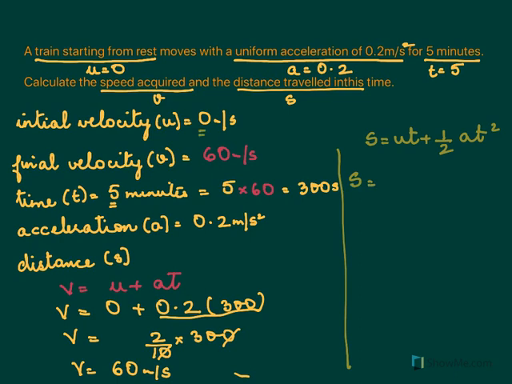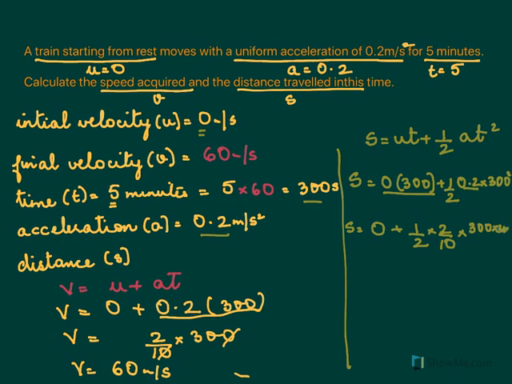So we have s, we know our u is 0, and the time was 300, plus half. a was 0.2 and t was 300, so this is 300 square. So s equal to 0 into 300 is 0 plus half, 0.2 is 2 over 10, and that is 300 square.